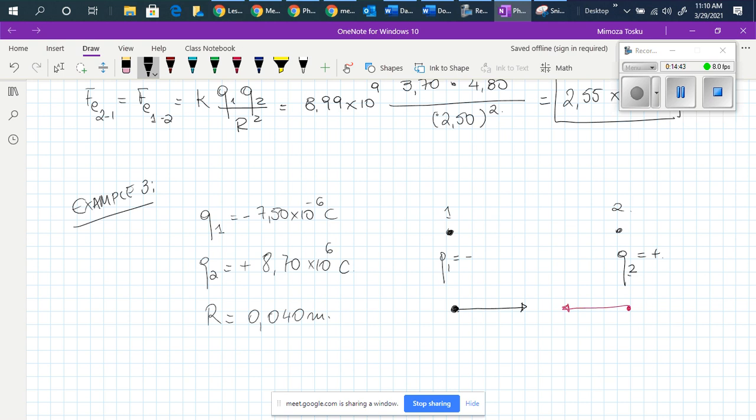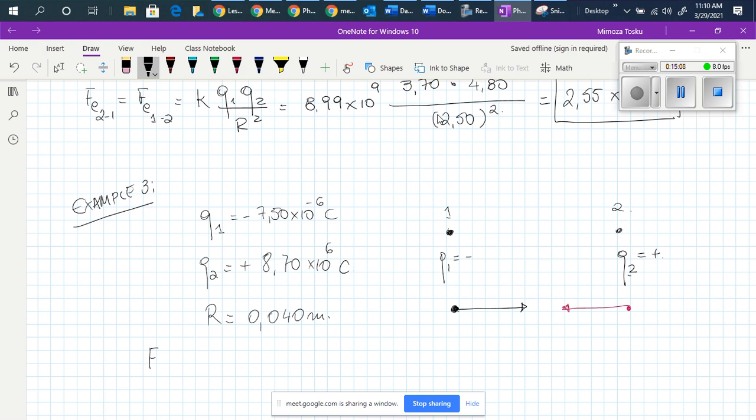We draw the free body diagram in terms of the electrostatic force using the general law of charges, saying that if there are opposite charges, then they will attract, and if they are the same charges, they will repel.